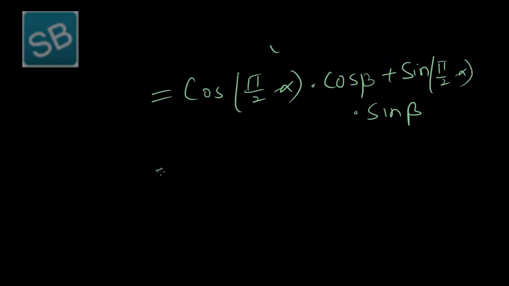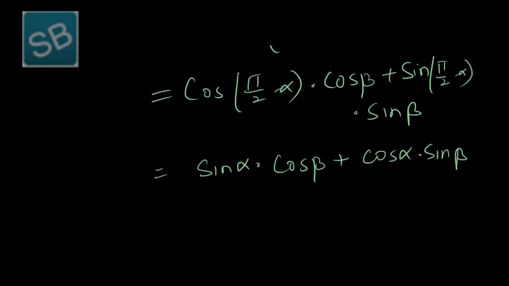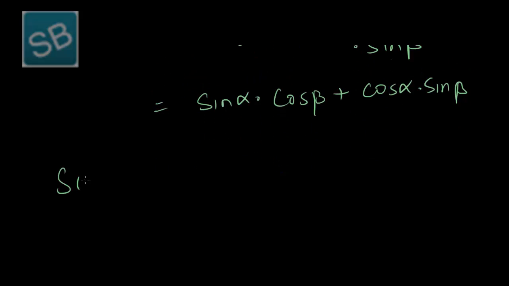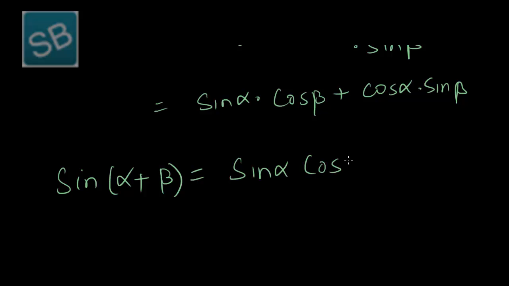So cos of pi by 2 minus alpha is sin alpha into cos beta plus sin of pi by 2 minus alpha is cos alpha into sin beta. So this is the formula for sine alpha plus beta, that is sine alpha cos beta plus cos alpha into sine beta.